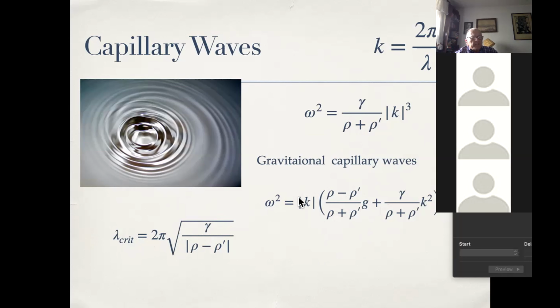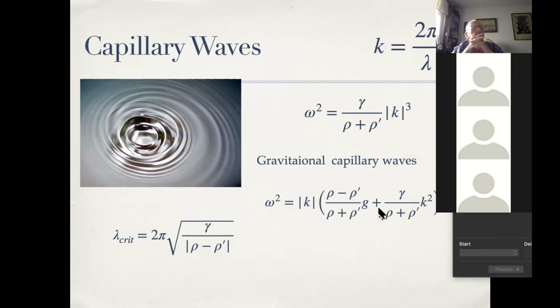But if the lengths lambda are larger than that critical number, then the second term can be dropped, and we only have on the surface of a liquid waves whose square of frequency depends linearly on the wave number, and that kind of waves, without this second term, are called the gravity waves.